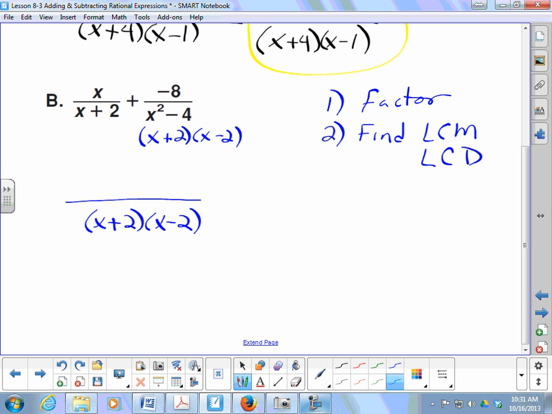Step 3 then. What do you tell yourself? Now, what are you going to do? So you're going to multiply x times x minus 2, right?